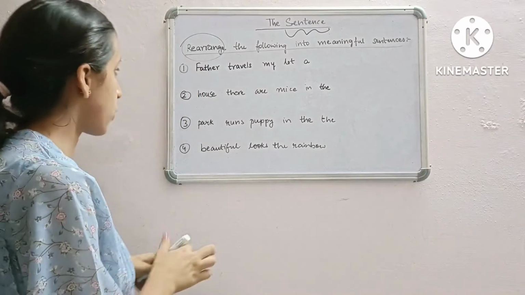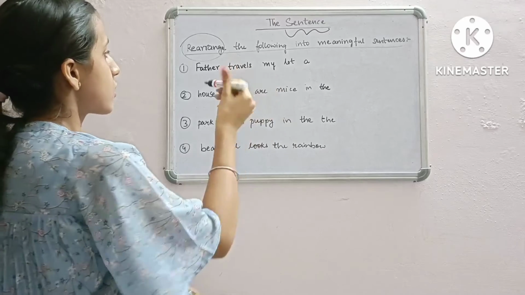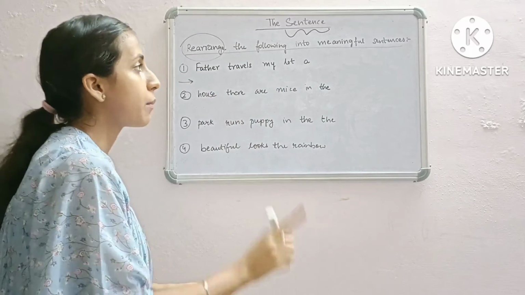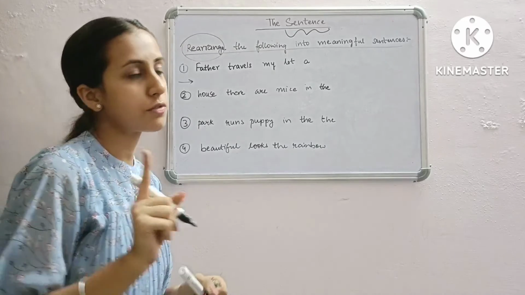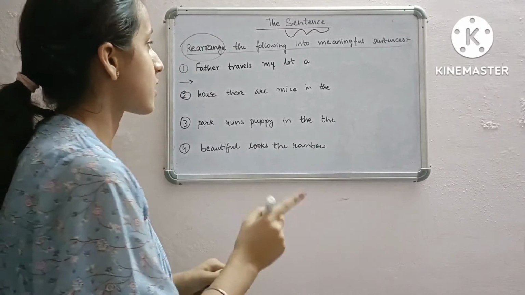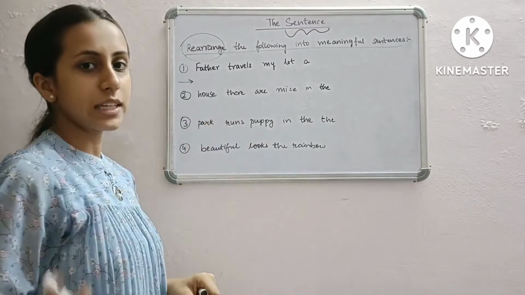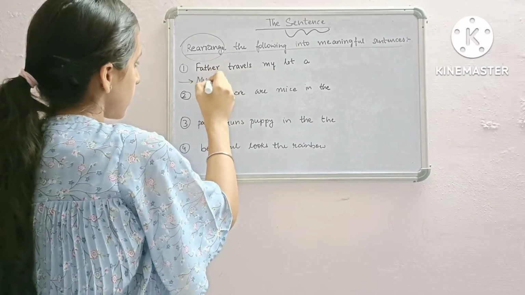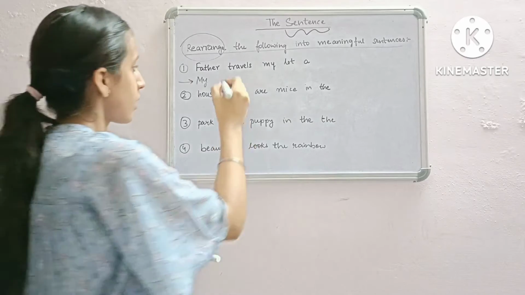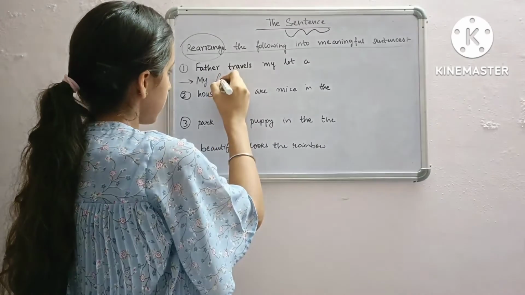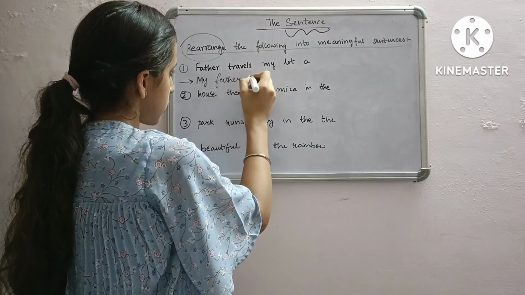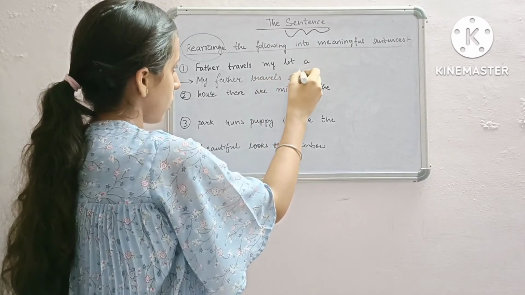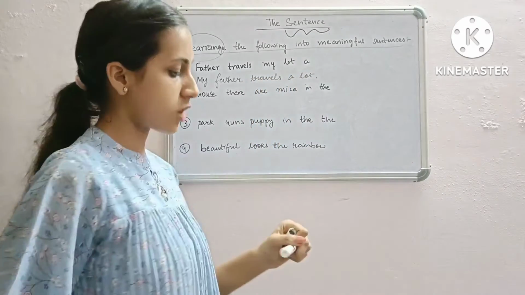Okay, so the first one is father travels my lot. So remember the first rule. What is the first rule of writing a sentence? That is, the first letter should be capital. So what it will be? It will be: My father travels a lot, with a full stop at the end.